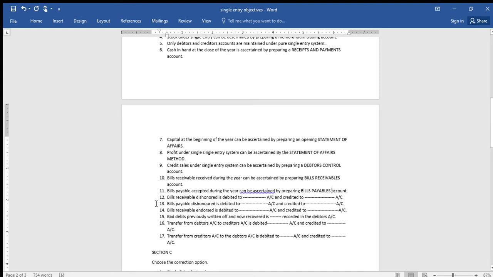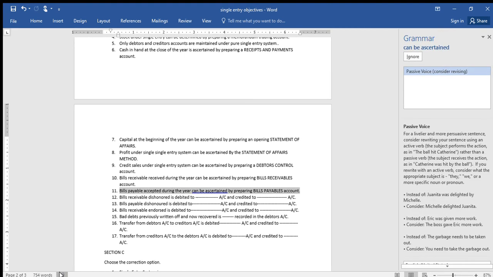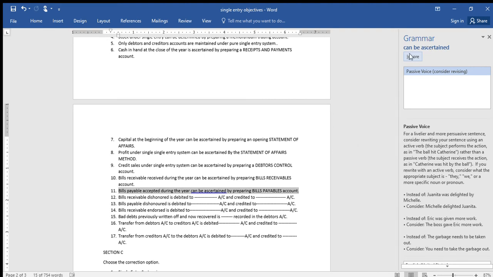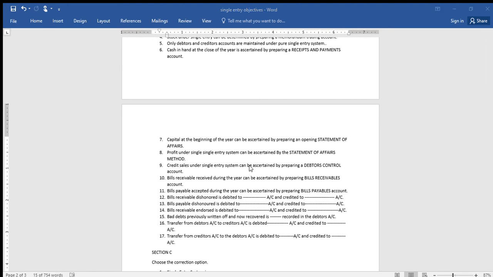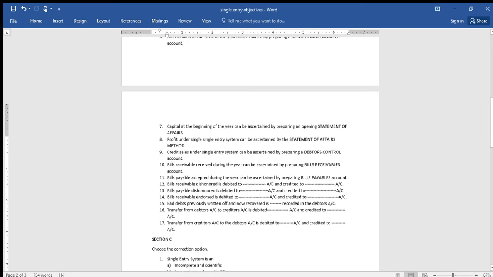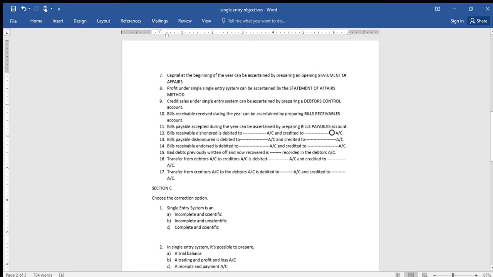Then number 12, bills receivable dishonored is debited to. Like when you are demanding debtors and then they pay you, debtors are reduced by crediting. So when they pay you, you credit, but when the payment is dishonored, you do the opposite.